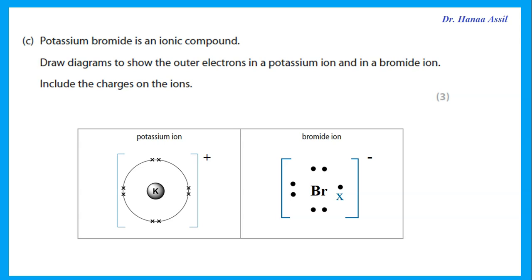So we're going to take the electron that was lost from the potassium, and this would be the electron configuration of the bromide ion. Again, remember bromine here has gained an electron, so now the bromide ion has 1 negative charge.